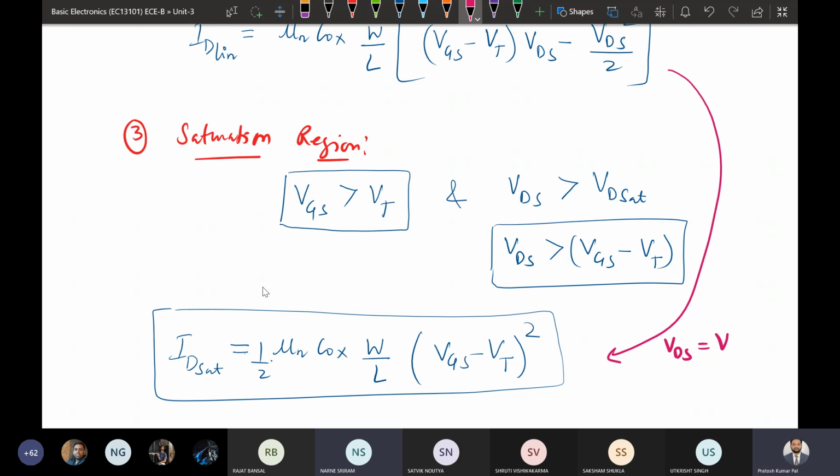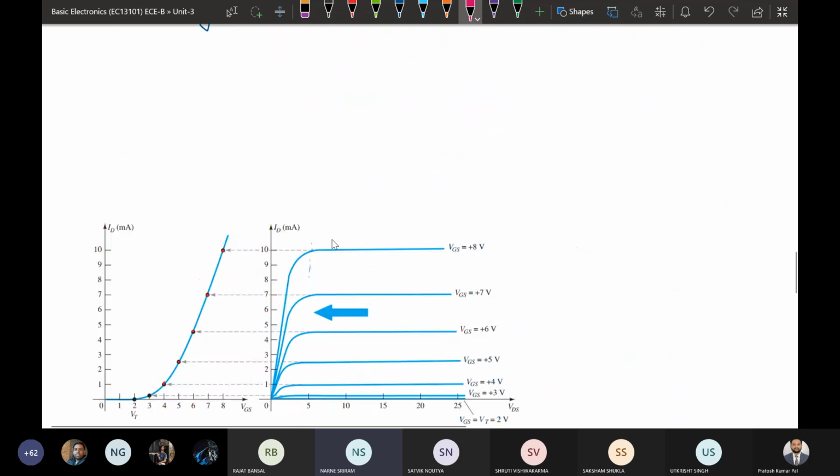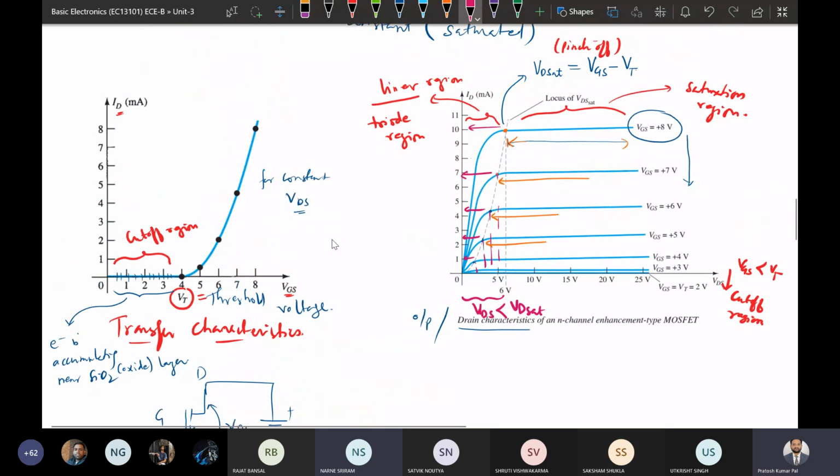Then we can get the expression for saturation. Why are we putting this? Because beyond this VD sat point, whatever the VDS value is, that will always be VGS minus VT only.